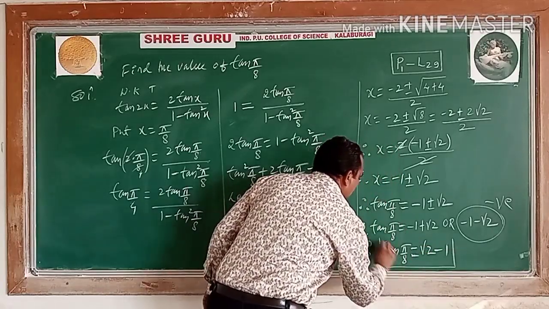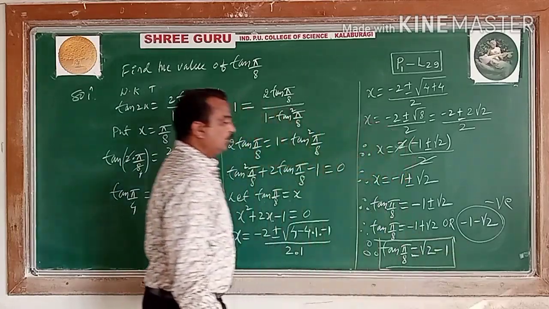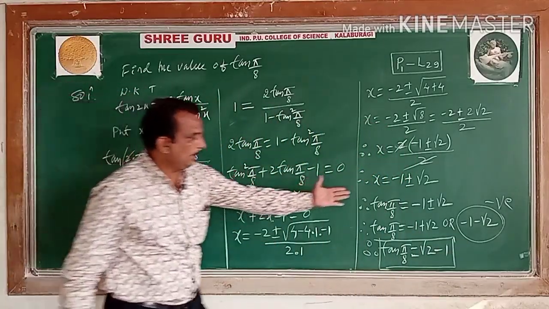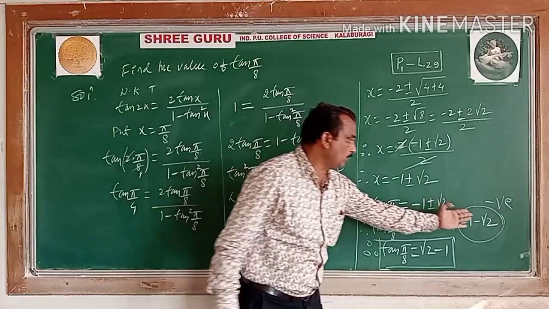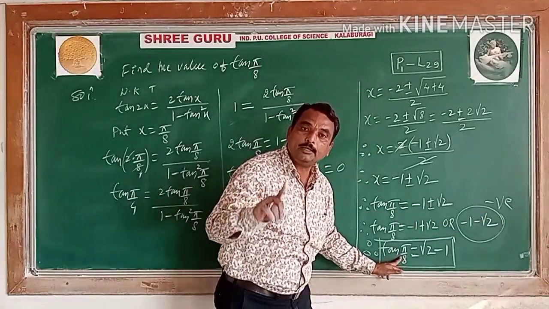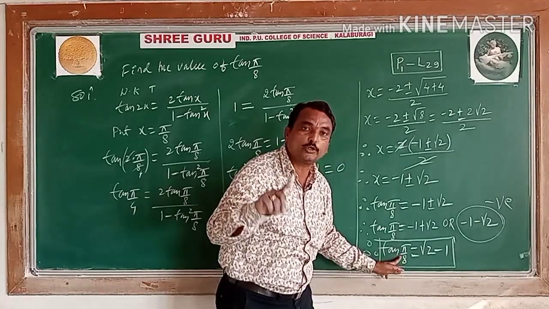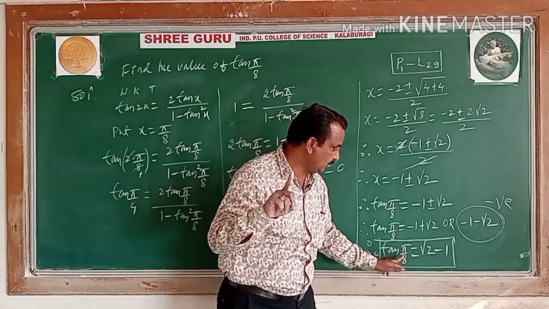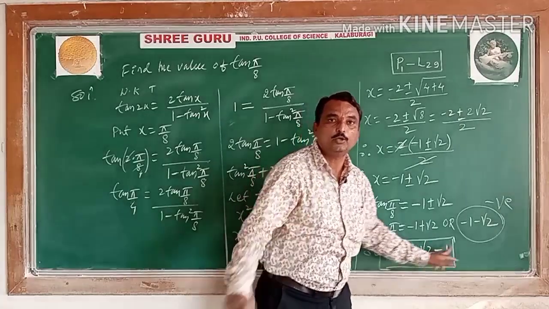Remember this. Of the two values, one is negative, so we neglect it and consider the positive value, because pi by 8 is a positive angle, 22.5 degrees, lying in the first quadrant. So tan pi by 8 is root 2 minus 1.